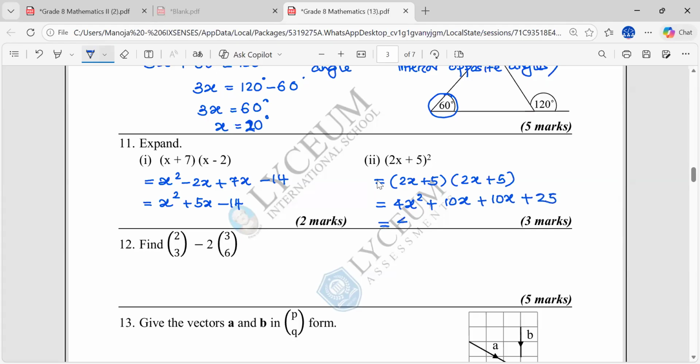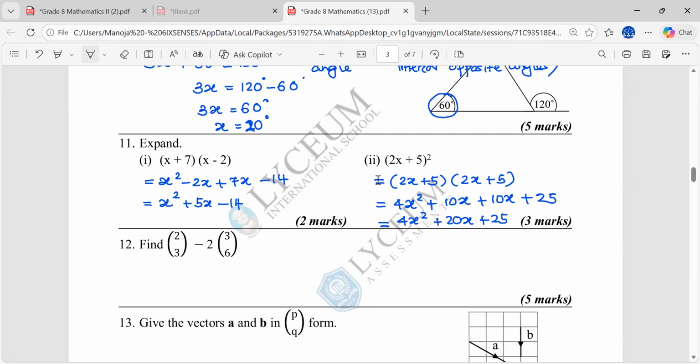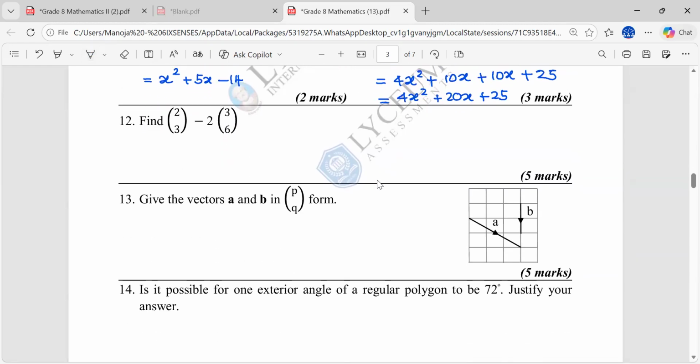Then I can write 4x squared plus 20x plus 25. I want to double check that. 10x and 10x make 20x. That is correct. Then we will move to the next one.